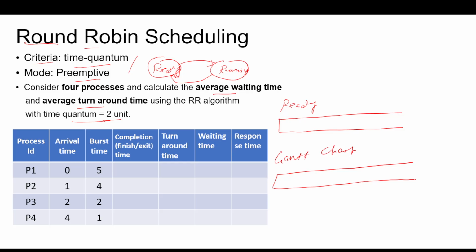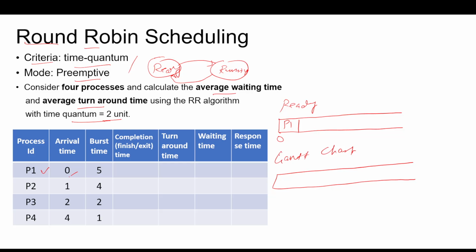As we know, we have to check whether any new process has arrived in the ready state or not at the first unit, in the sense the 0th unit. At the 0th unit, only one process is there, that is P1. You can see arrival time is 0. So the P1 process has arrived in the ready queue. Is there any other process? No, there is no other process.